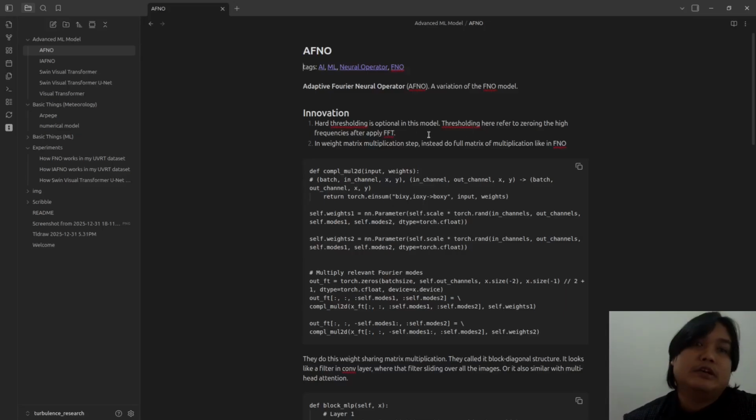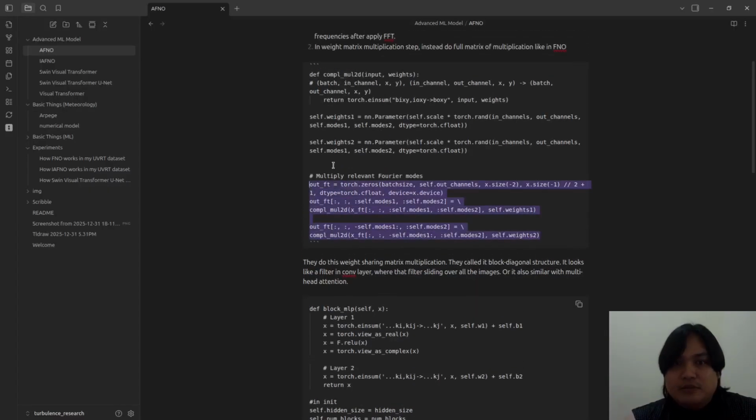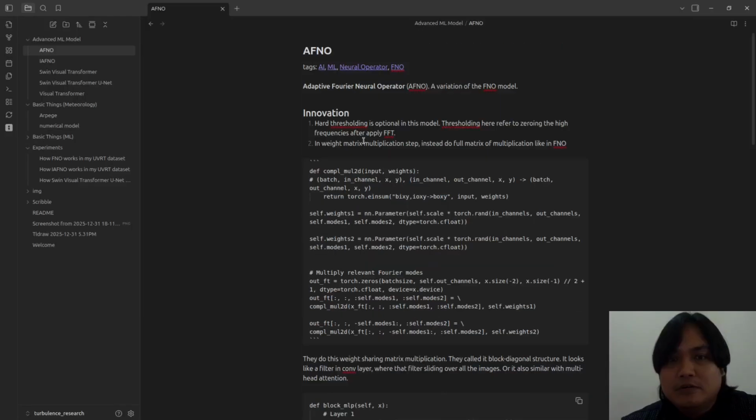If we process all of them without hard thresholding, then in the matrix multiplication the total memory and computational cost will be very big. In AFNO we don't need to worry about that because of the diagonal block.